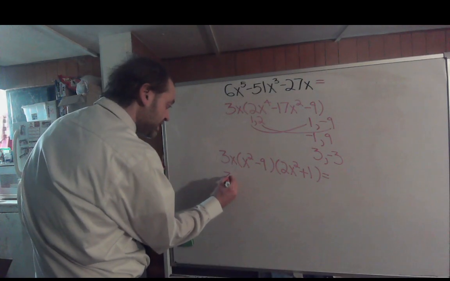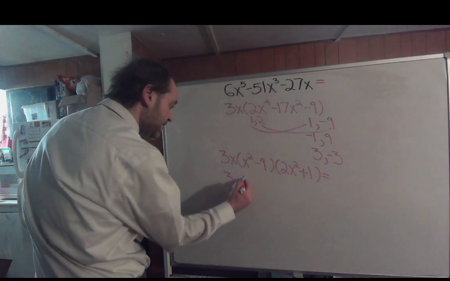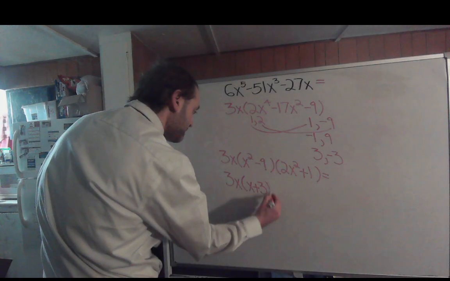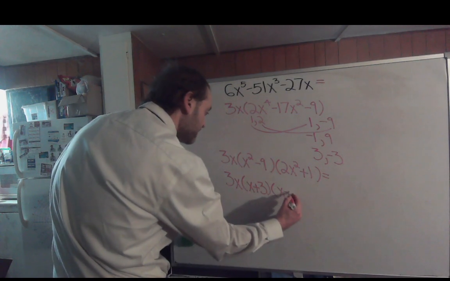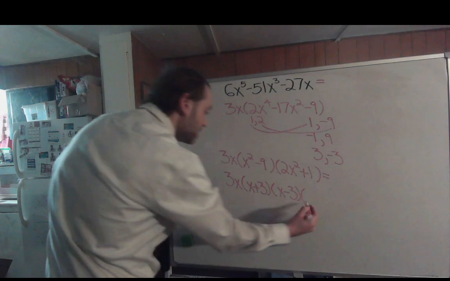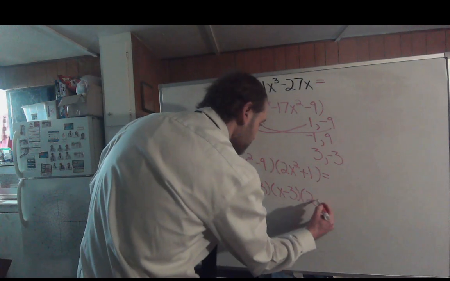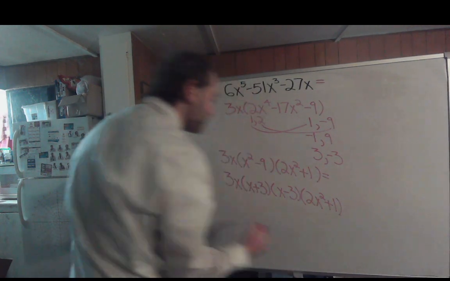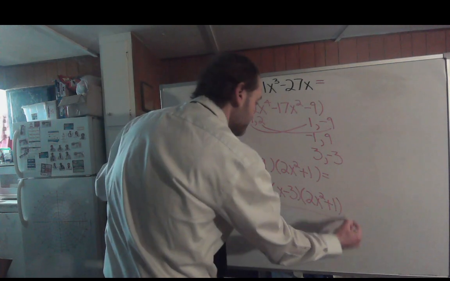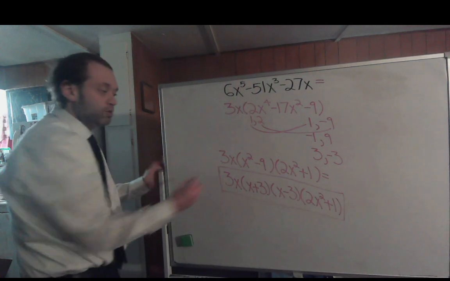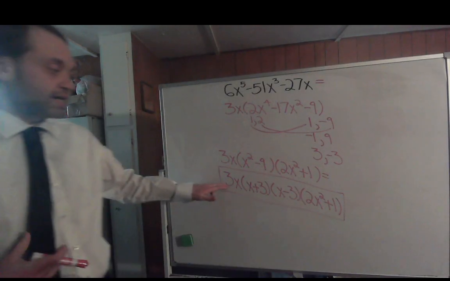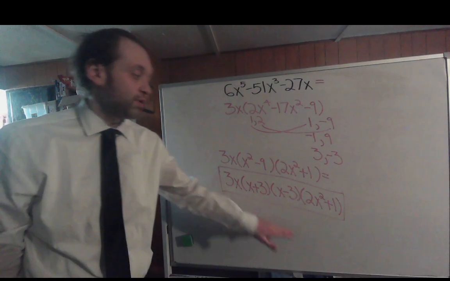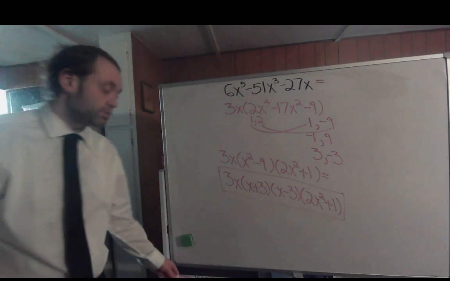So the complete factorization would end up being 3x times the quantity of x plus 3 times the quantity of x minus 3, all that times the 2x squared plus 1. That would be the complete factorization of the original polynomial. You would get 3x times the quantity of x plus 3 times the quantity of x minus 3 times the quantity of 2x squared plus 1.